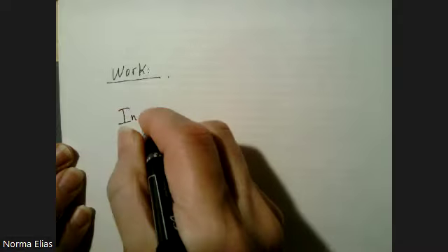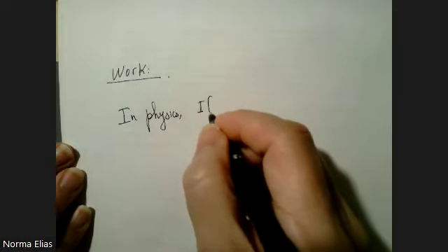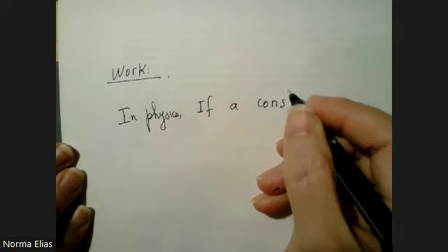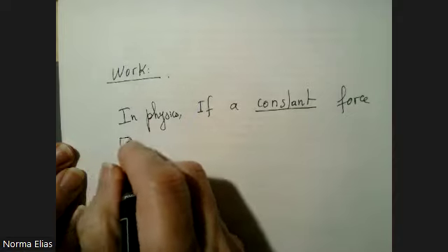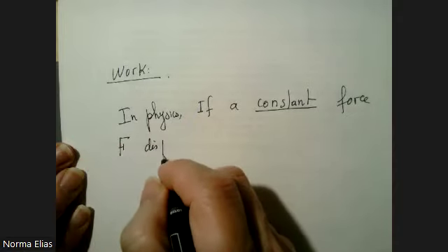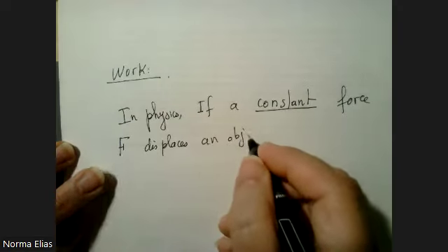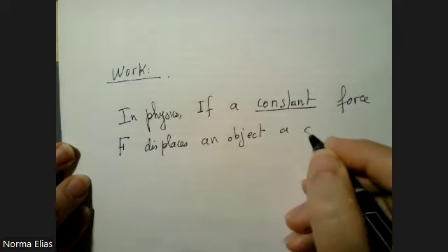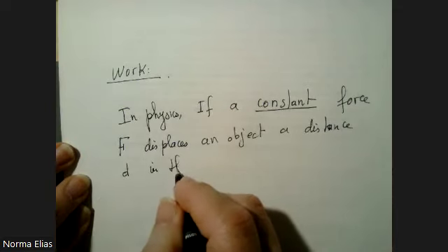So let's write this down and then we're going to work with it. In physics, because we're definitely using the definition in physics, I'll write it down. If a constant force, F, displaces an object, so the force causes the object to move a distance d in the direction of the force.